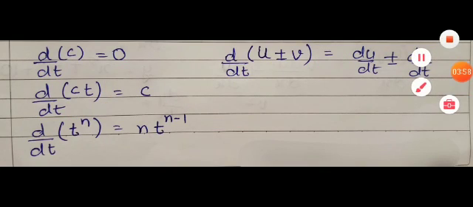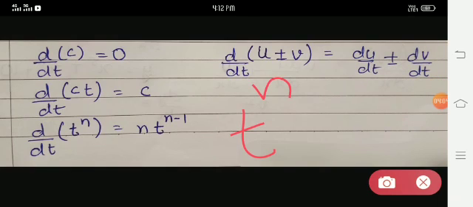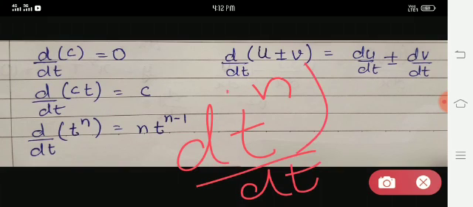Now take the third case, where you have a polynomial or power function, that is t raised to the power n, and you have to find the derivative of this term.